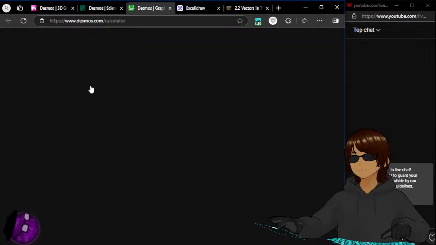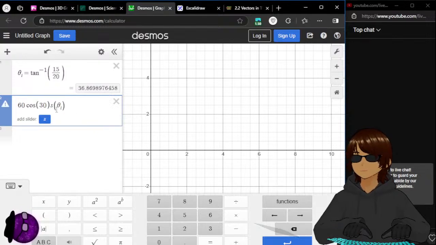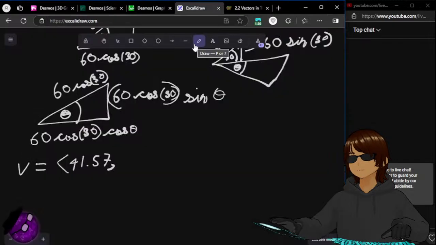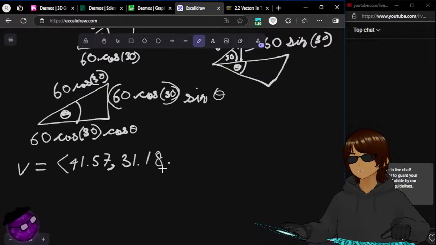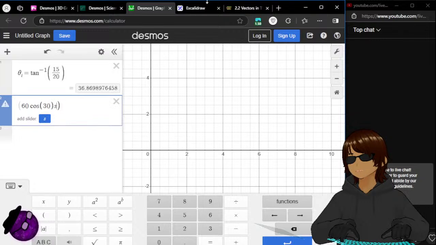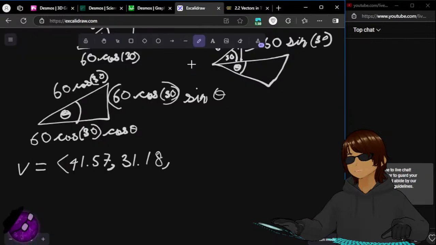And instead of cos, we do sine, 31.18. And then lastly, we do 60 sine 30, which is just 30.